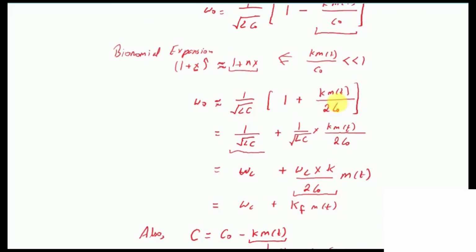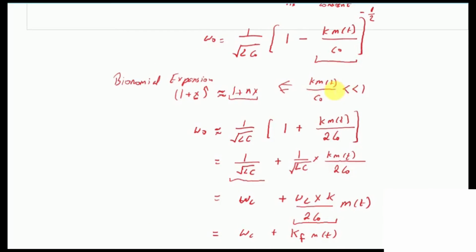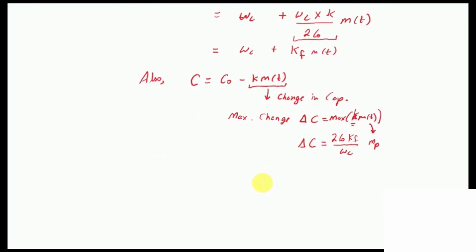But remember, previously we have said that K m(t) by C naught is much less than 1, and based on this assumption we concluded that we could use the binomial expansion to achieve a converging series, and then we used only two terms, the first term and the second term, to represent all of this in this equality, right? So based on that we can do some sort of normalization, which suggests that if you normalize delta C by the constant value of capacitance C naught, this is equivalent to 2 Kf by omega C times mp.